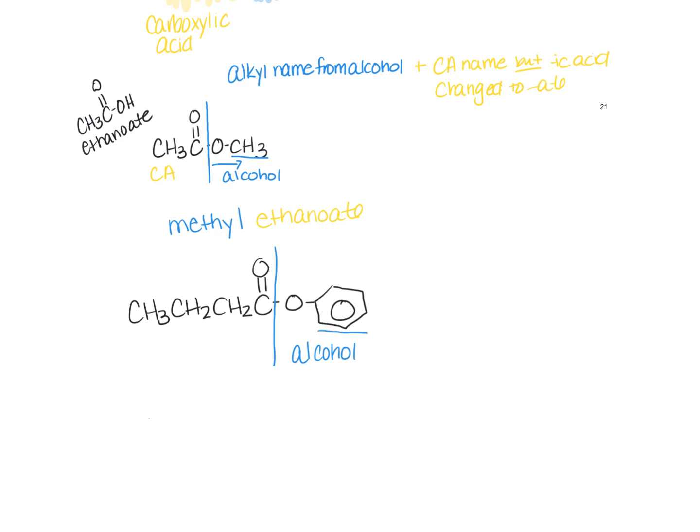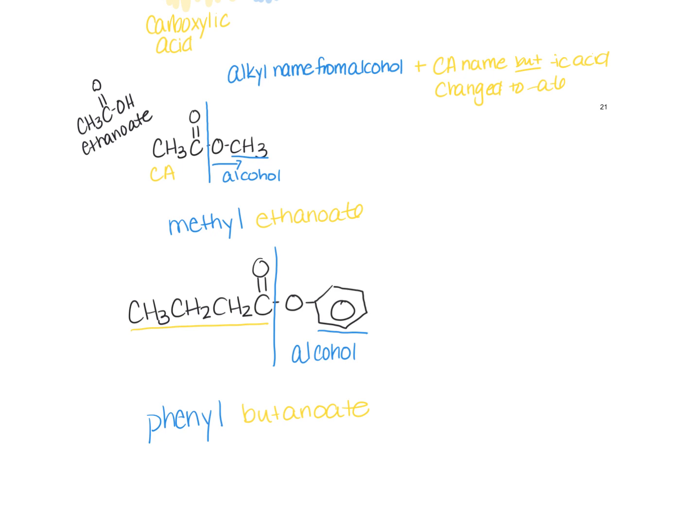And that right there is a phenyl group. Then this here comes from the carboxylic acid. And if that was a carboxylic acid, that would be butanoate. And so the name of this is phenyl butanoate.